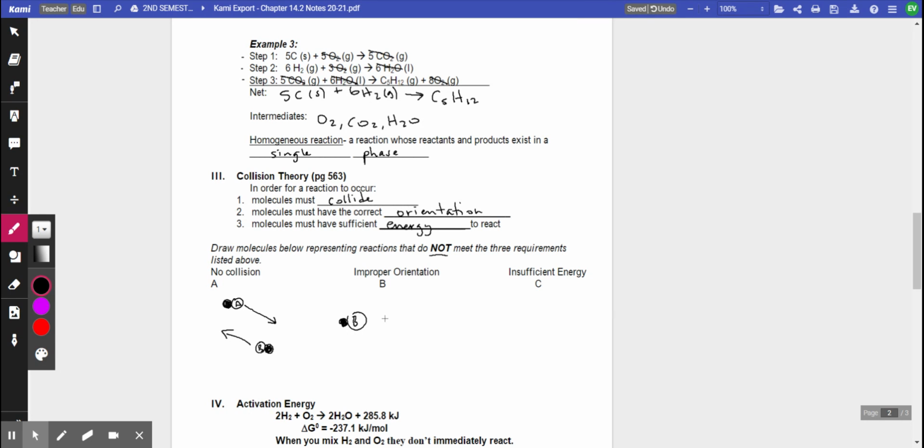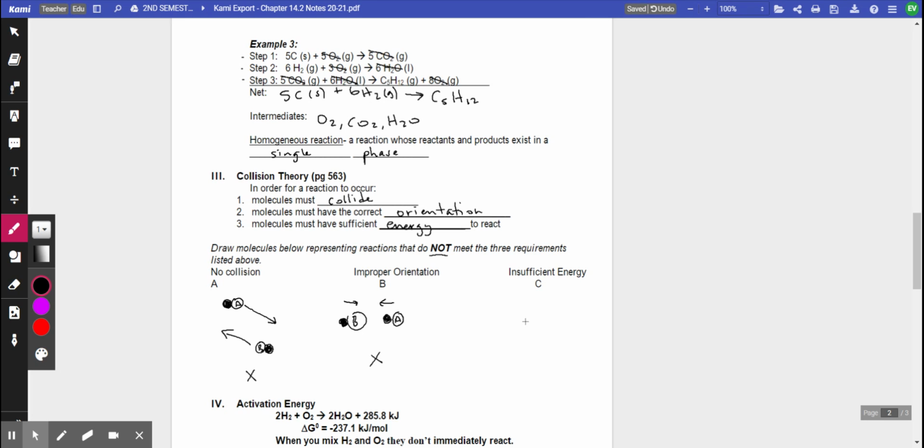So let's say that it's actually lined up this way. And if these two collide, the B and the black atom will not react in this example, so they're just going to bounce off from each other. So no reaction there, no reaction there.